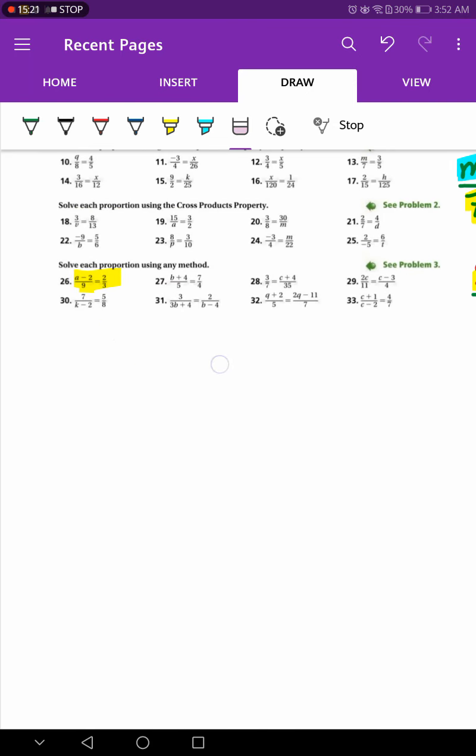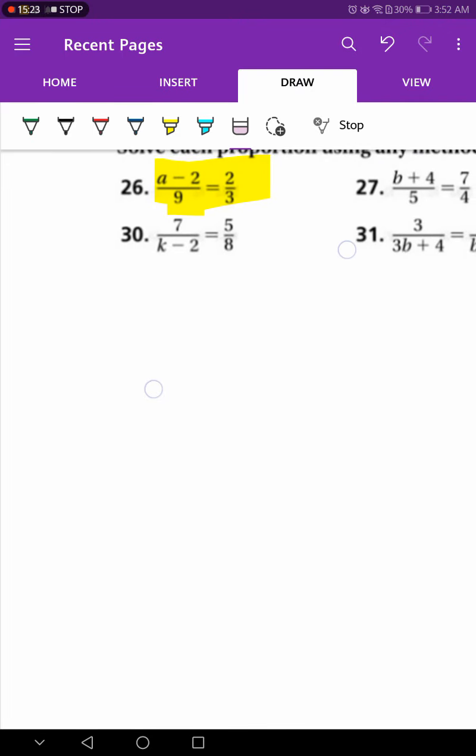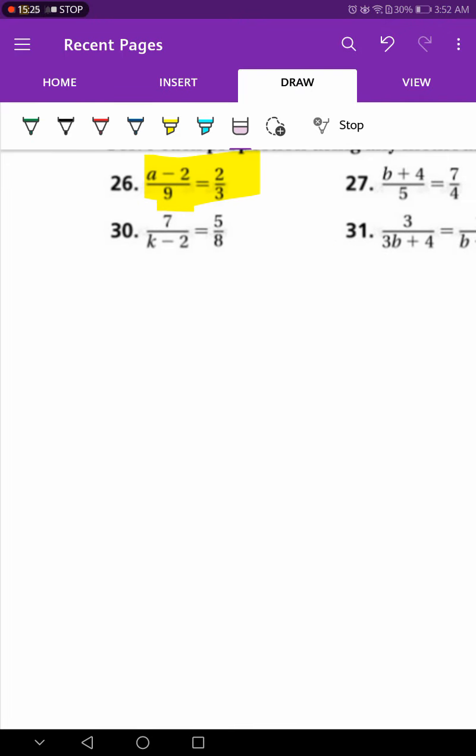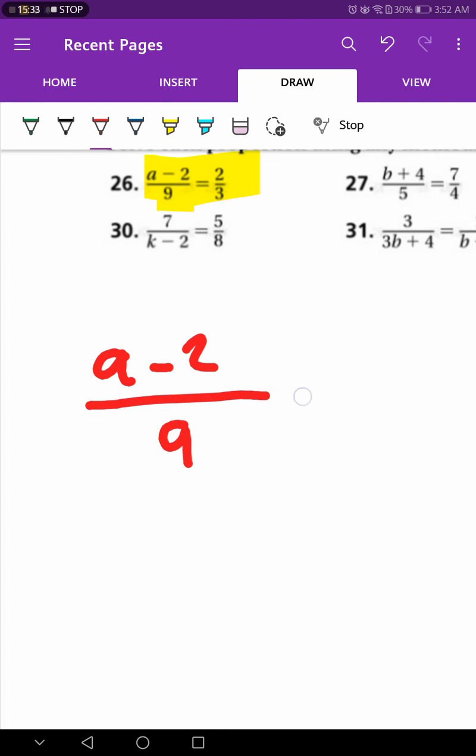Okay, I will do this using the cross product property, the same equation. a minus 2 over 9 equals 2 over 3. And at the end you are free to choose which method you use for the question, my dear student.